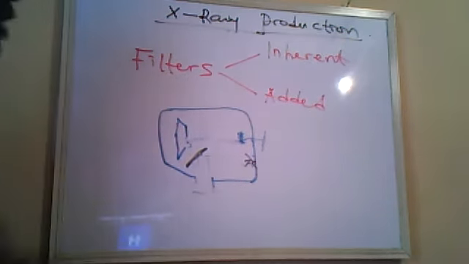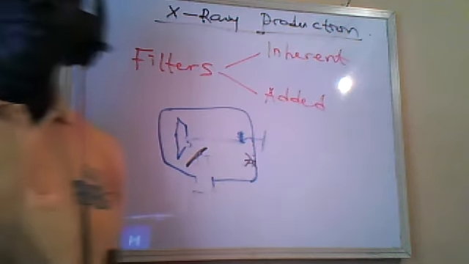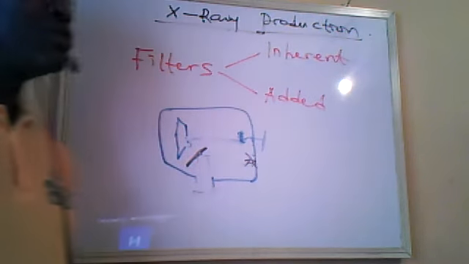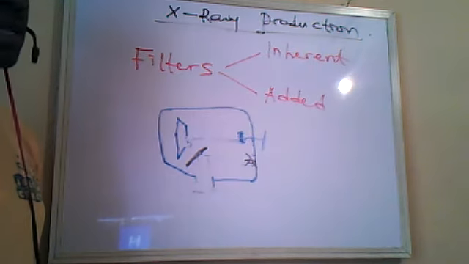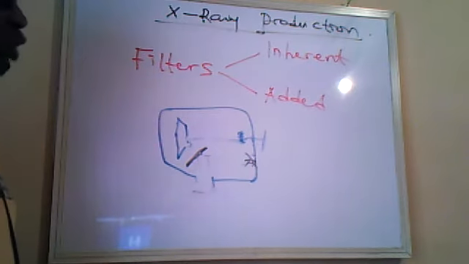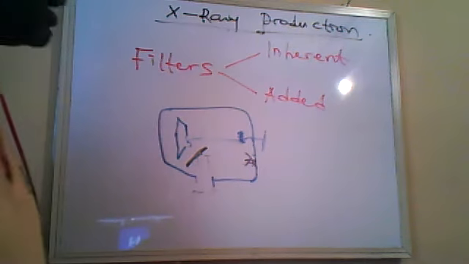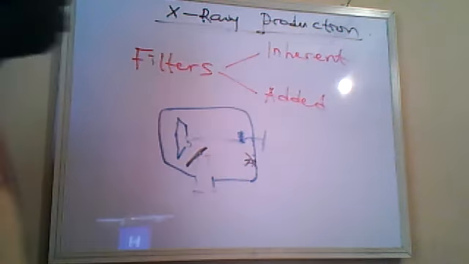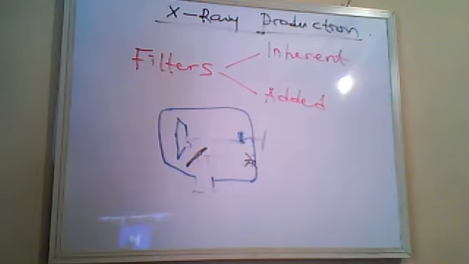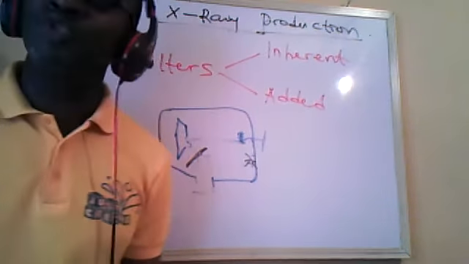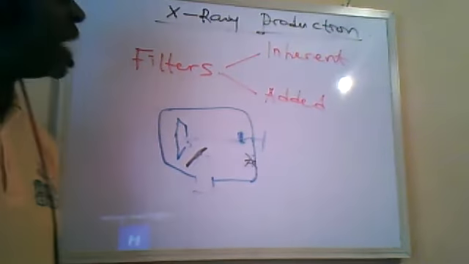Now, at the end of the day, we have the added filter, which is the one that has been added consciously, deliberately, to remove the low-energetic photons. So all these filters, inherent and added, constitute the beam to have a higher effective energy.